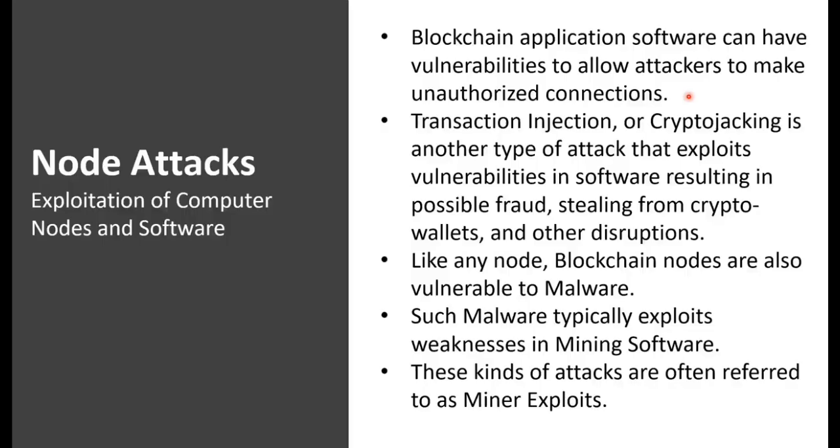When you have that level of complexity, it is very difficult to discover all of the vulnerabilities. One type of attack is transaction injection, or sometimes called cryptojacking, and that looks to exploit vulnerabilities in software, resulting in fraud or stealing from crypto wallets. It can also create other disruptions.